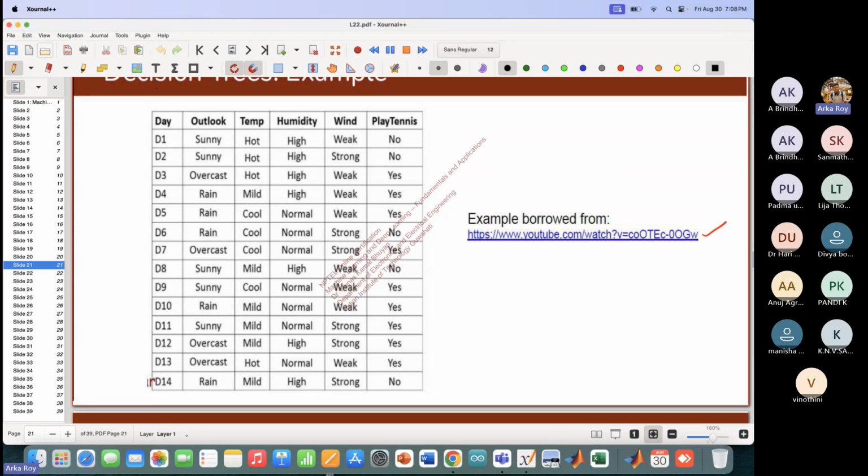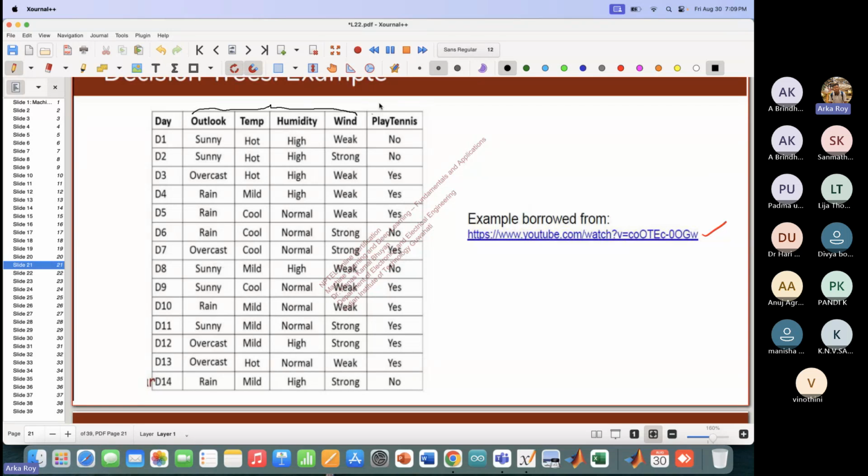The data set basically has certain input attributes. So these are the input attributes: what would be the outlook, what would be the temperature, humidity, or wind. Based on these four variables, you have to decide whether you will go for tennis or not.